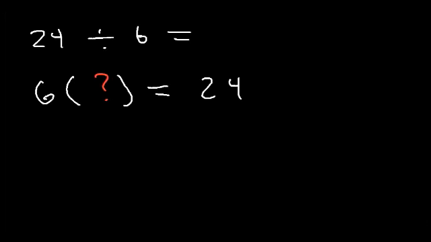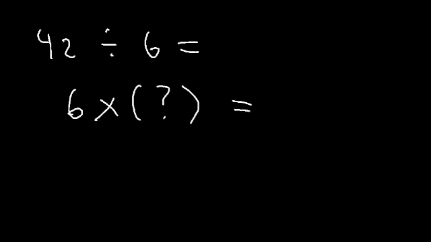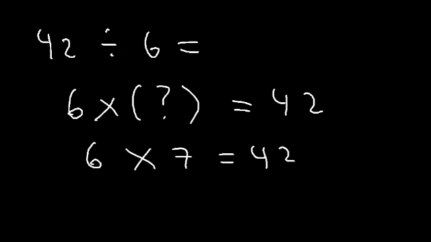You can check your answer with the calculator though. 24 divided by 6 is 4 because 6 times 4 is 24. Okay, let's try one more example. What is 42 divided by 6? Or 6 times what number is 42? Since 6 times 7 is 42, 42 divided by 6 is 7.